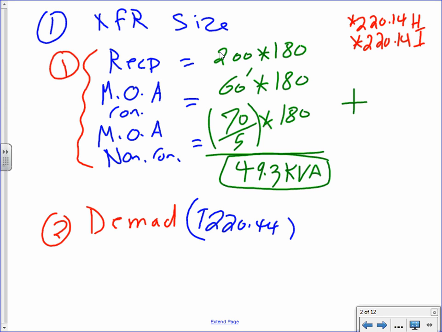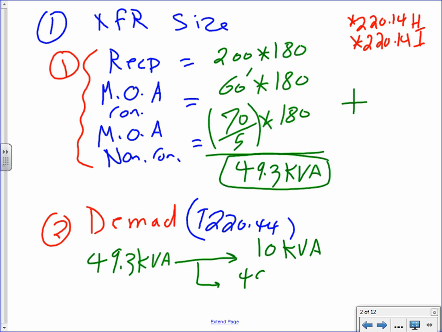Okay, so let's go and take this 49.3 kVA. The first 10 kVA, what do you do with them? Leave it alone. Then anything higher than 10 kVA, which is 49.3 minus 10, what do you do with these, my friends? Multiply it by 0.5.